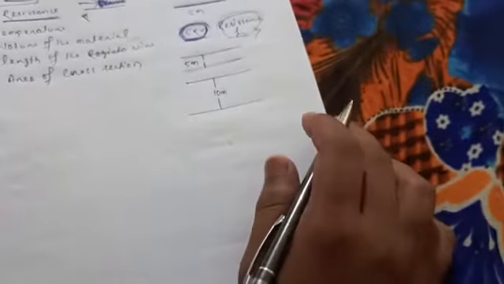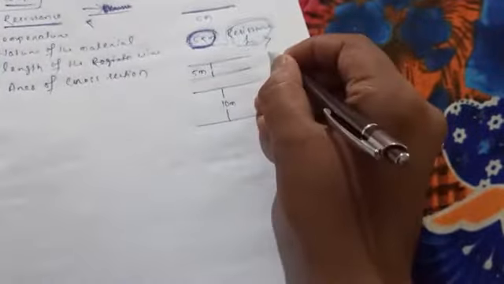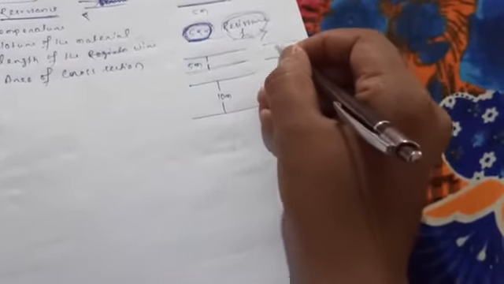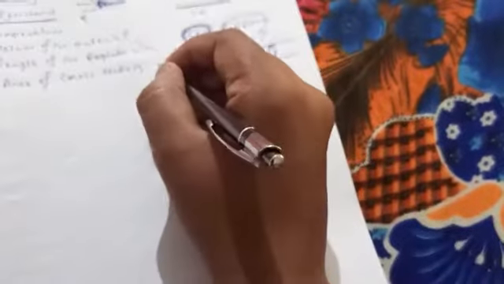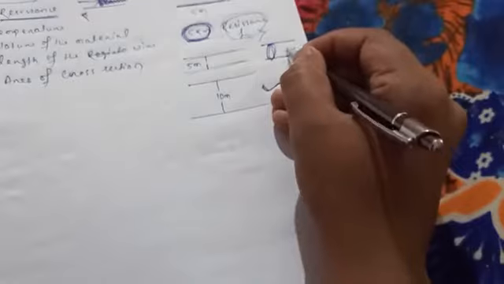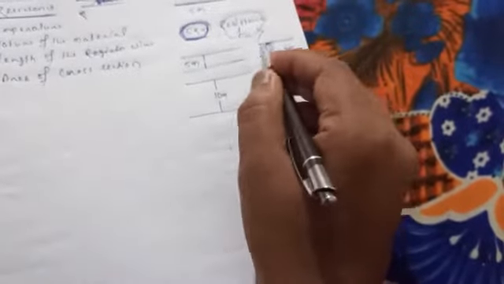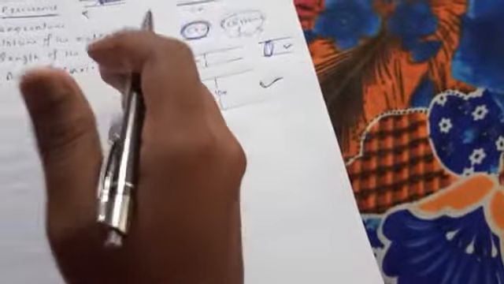In which road do you feel better to travel? It is the 10 meter wide road. Similarly, if the width of the wire, or the thickness of the wire, or the area of cross section of the wire is more, then it is easy for the current to travel. That means there is less resistance. That means if the cross section of the wire is more, the resistance is less.